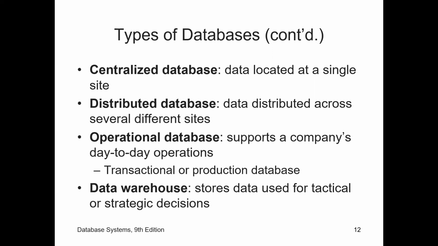In contrast, a data warehouse focuses primarily on storing data used to generate information required to make tactical or strategic decisions. Such decisions typically require extensive data massaging or manipulation to extract information to formulate pricing decisions, sales forecasts, market positioning, and so on.